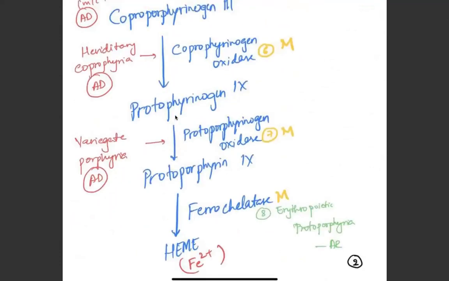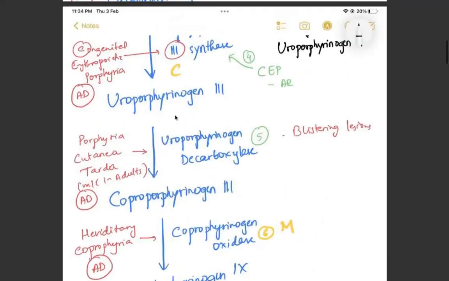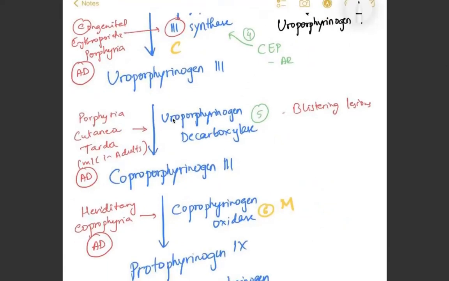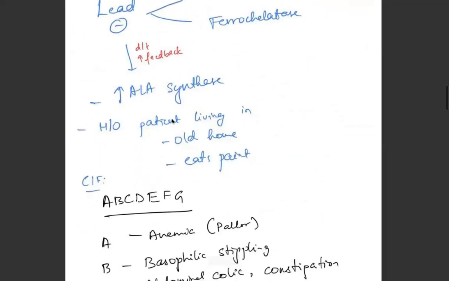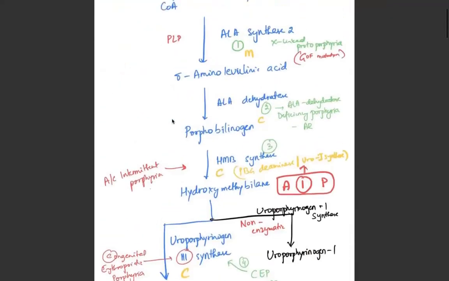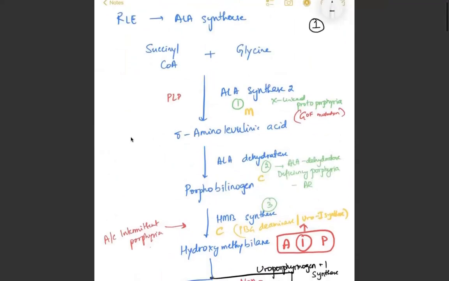So you can remember here that the pathway will be like U, C, and P, eventually leading to formation of heme. Totally, there are 8 groups of porphyria, out of which 4 are autosomal dominant, and the other 4 are non-dominant.